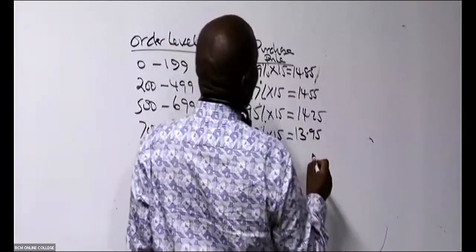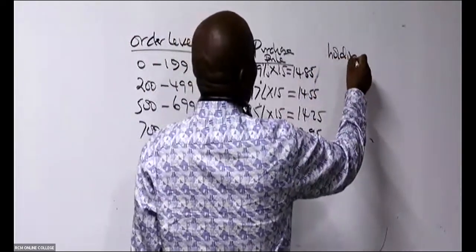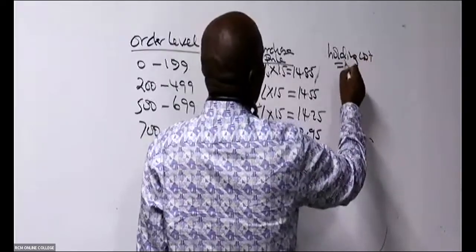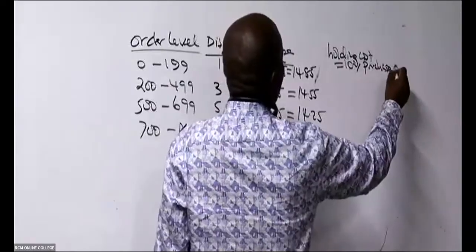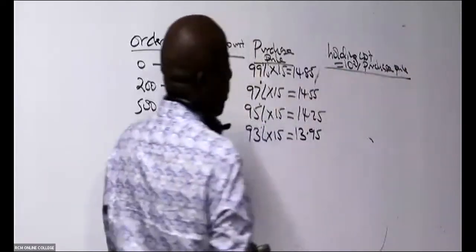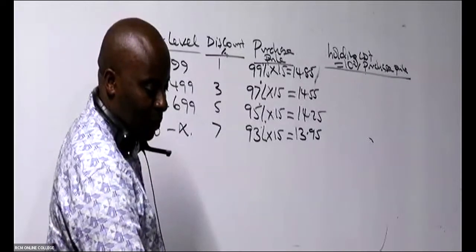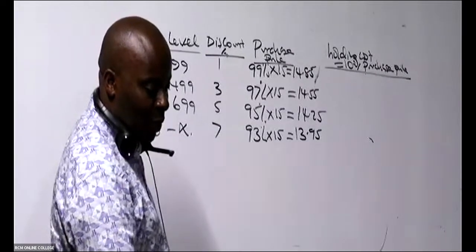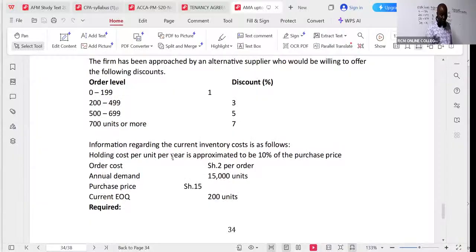And then, ladies and gentlemen, I need the holding cost. They have told me it is 10% of purchase price. I'm not guessing; they told me in the question that holding cost per unit per year is approximated to be 10% of the purchase price.